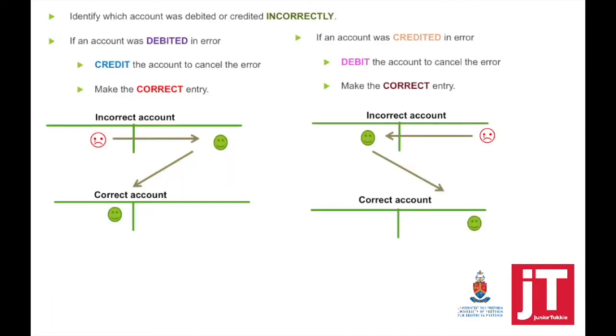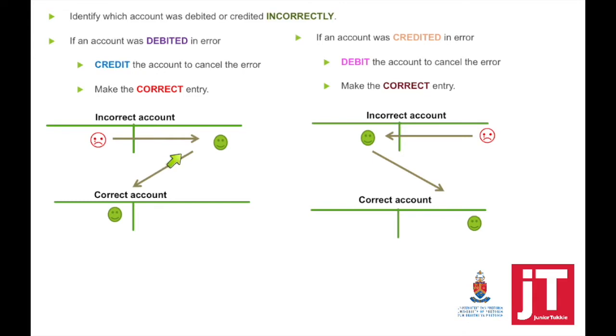We are going to look at adjustments where the focus now is going to be on errors and omissions. Before we start with the activity, when we look at errors or omissions, first of all, identify which account was debited or credited incorrectly. If an account was debited by mistake, what do we need to do?